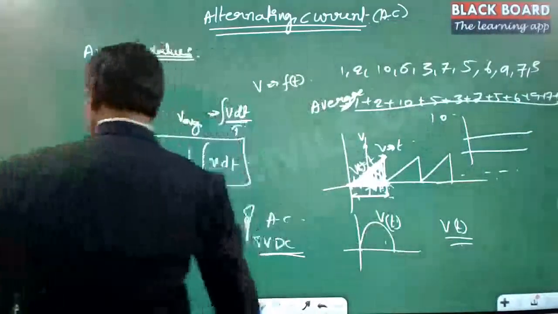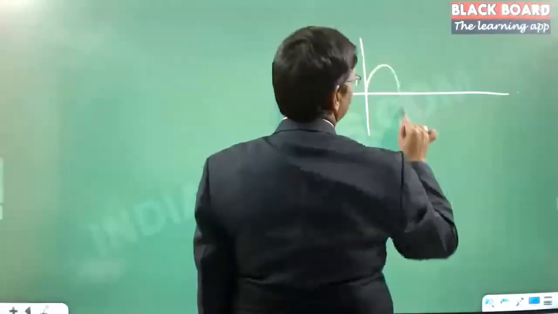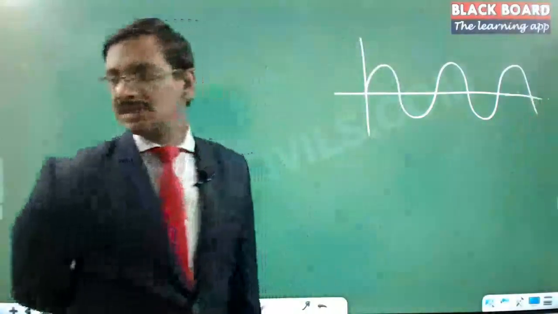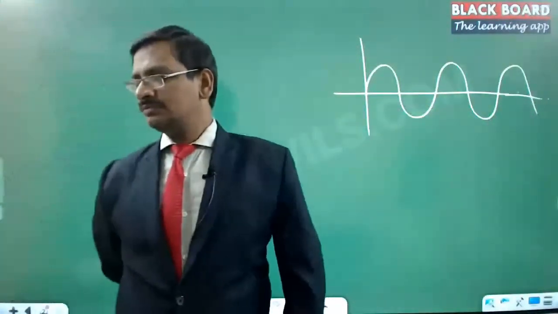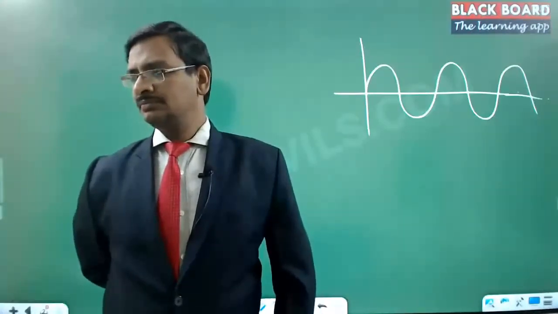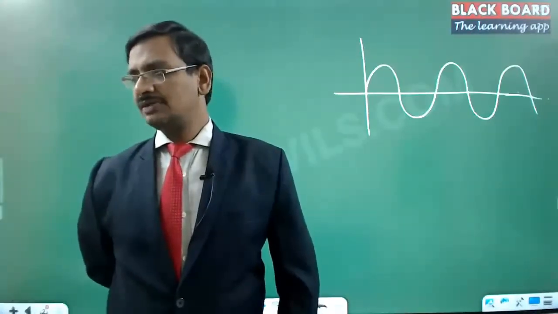Now, based on this understanding, suppose you tell me what is the average value of the sinusoidal waveform. Guess how much is the average of this waveform? You can do this, right?